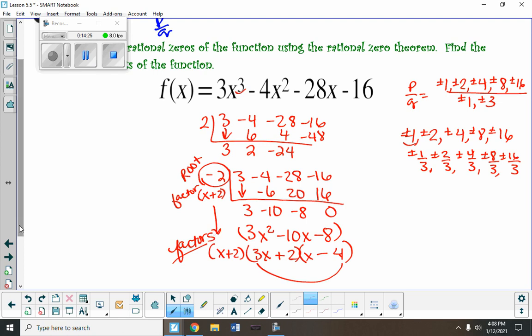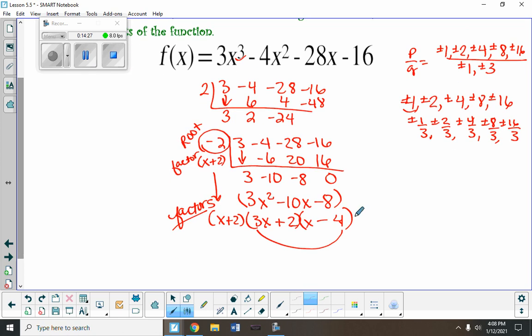And then to find the roots, you're going to set each of those equal to 0. So x would equal a -2. 3x plus 2, set it equal to 0. So 3x is -2, divide by 3. So x is a -2/3.